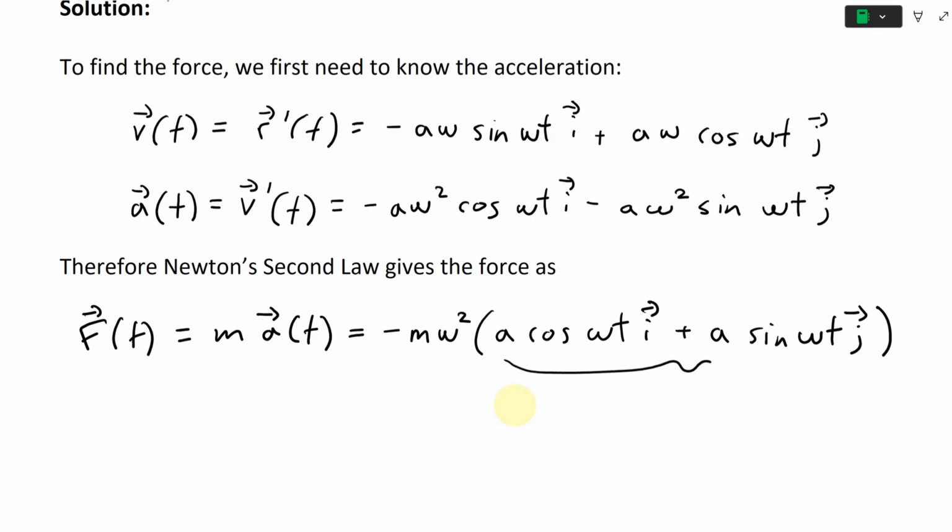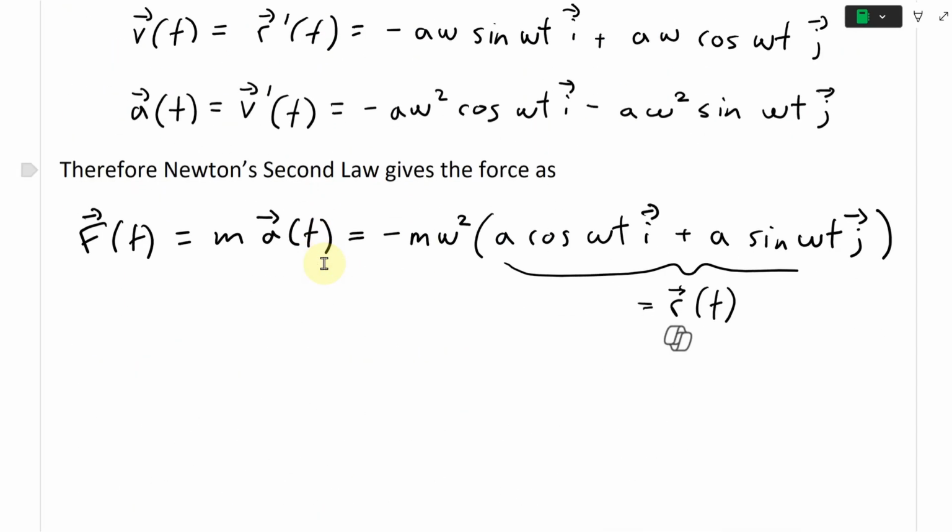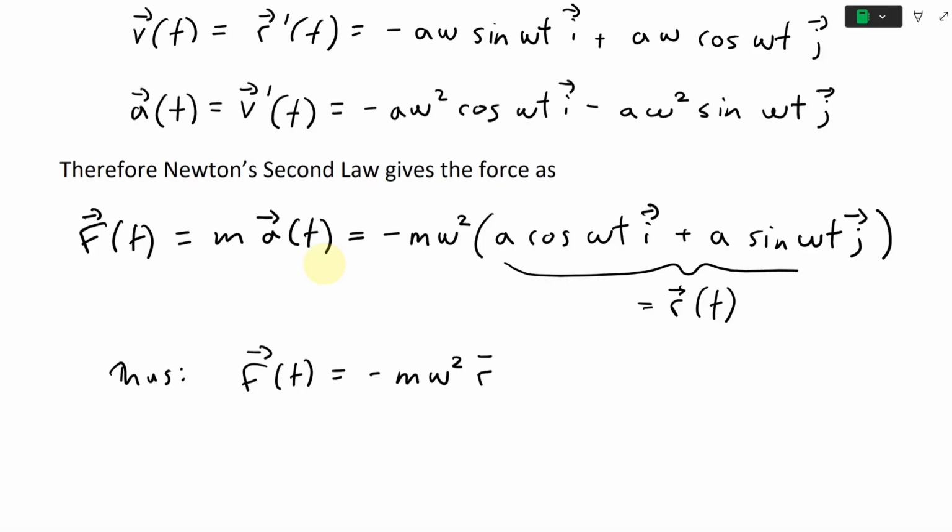So now note that this part right here equals r of t. So this is just a position vector. So thus, the force F of t is equal to negative m omega squared times the r vector.